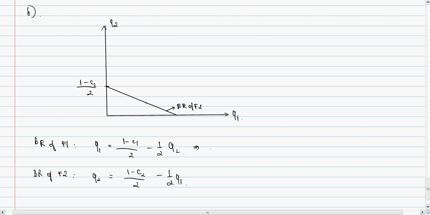If I rearrange this, I get Q2 equal to 1 minus C1 minus 2Q1. So 1 minus C1 will be the vertical intercept, and the slope of the curve will be negative 2. So I will have 1 minus C1 somewhere here, for example, and the slope will be equal to negative 2.